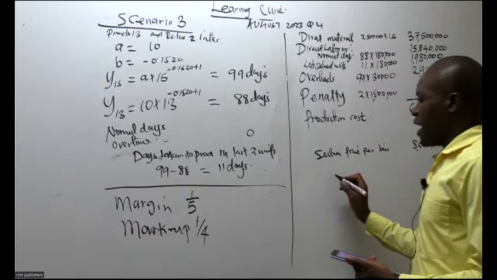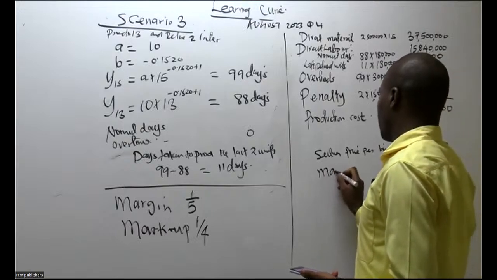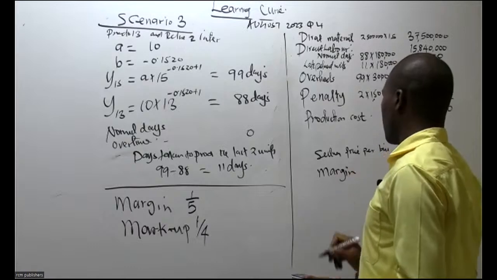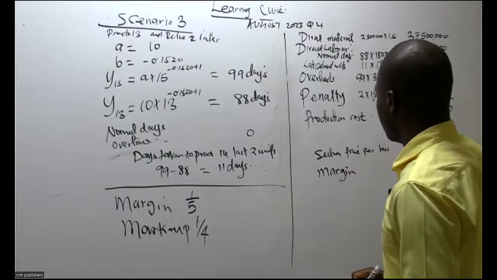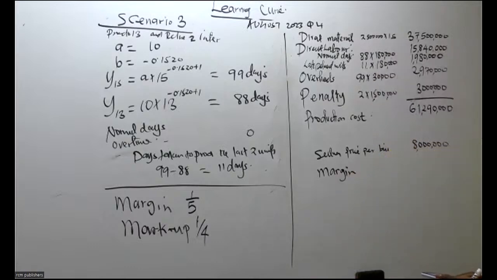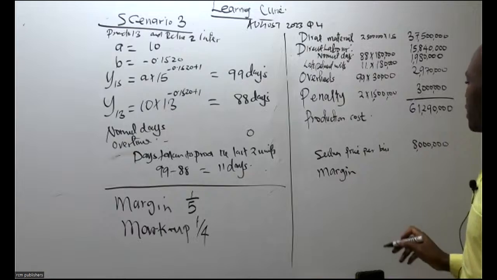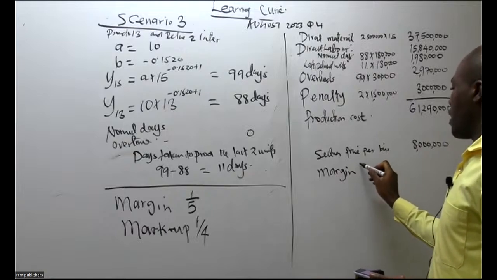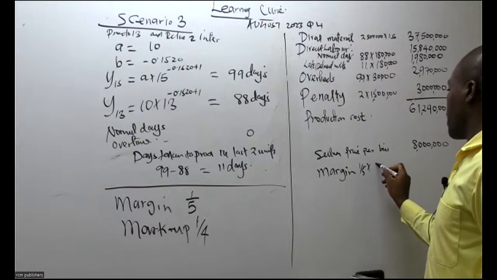Now, if you have that, let's get the margin. Margin itakuwa ngapi? Margin is equivalent to 1/5 of 8 million.